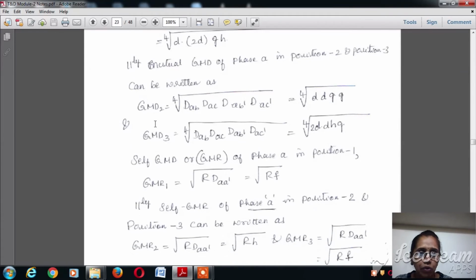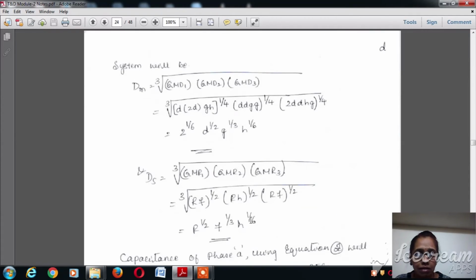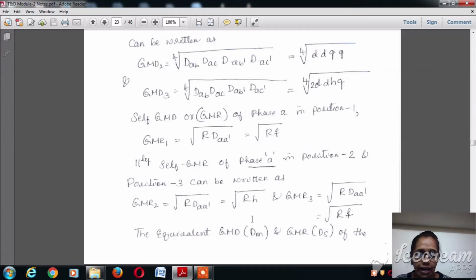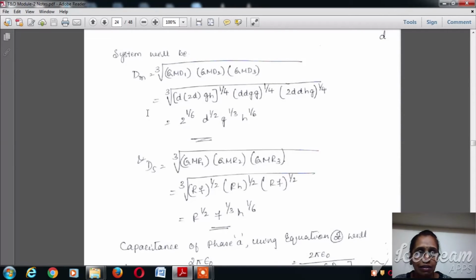Now we found out GMD1, GMD2, GMD3, GMR1, GMR2, GMR3 with respect to the conductor A. Now the equivalent GMD, which is denoted by DM, is equal to the cube root, since there are 3 conductors, of GMD1 into GMD2 into GMD3.